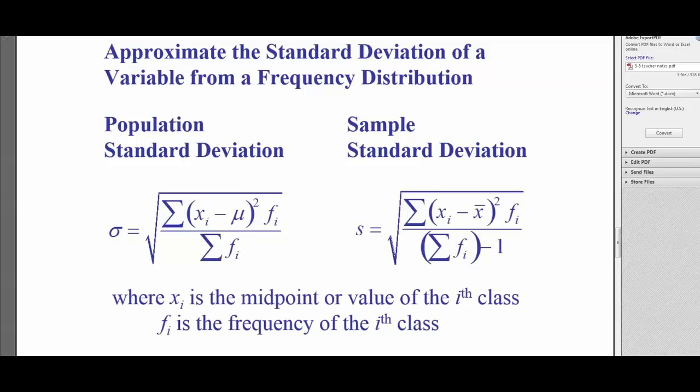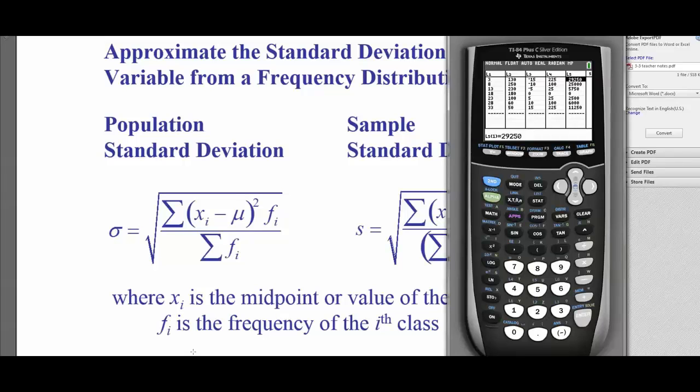So let me go back to the calculator here. All right, so I need to sum up L5 and I need to sum up L2 and then divide. So let's go sum of L5 and sum of L2.